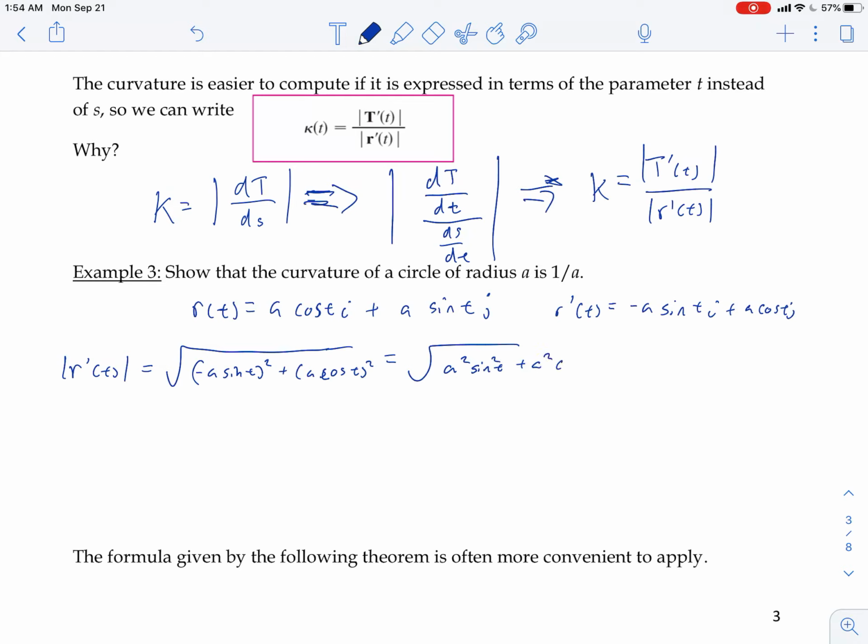I'll write it out: a squared sine squared t plus a squared cosine squared t. We could pull out an a squared, sine squared t plus cosine squared t. So it's going to give us the square root of a squared, which is just a.